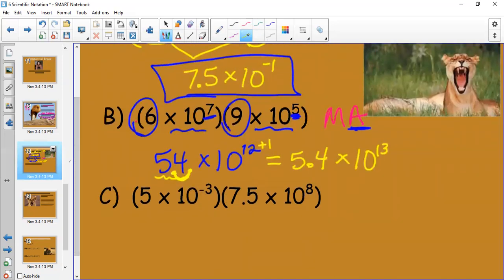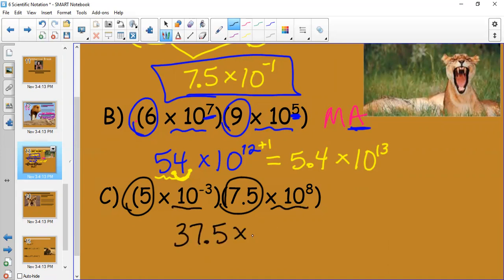All right, let's try the last one here. Take your coefficients, multiply them. I'm going to get out my calculator. So we're going to do 5 times 7.5, which is 37.5. I'm going to keep my times 10.